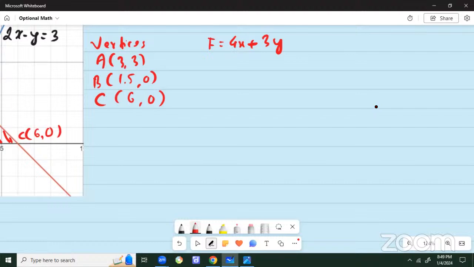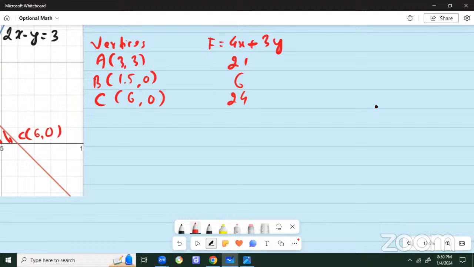Can you calculate and tell me? 21. Thank you. What is the value of f when x is 1.5 and y is 0? 6. And with x is 6 and y is 0, what is the value of f? 24. Okay. Now you can figure out yourself which vertex gives the maximum value of f.